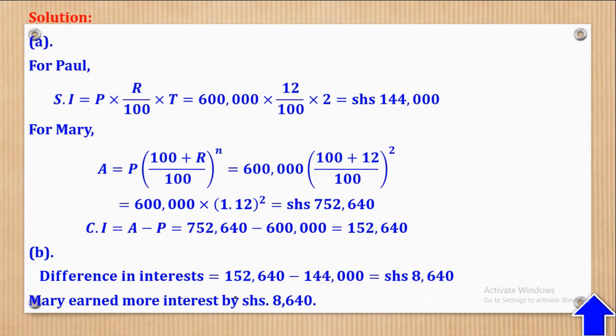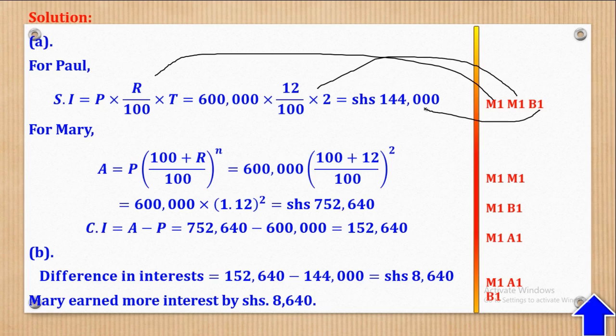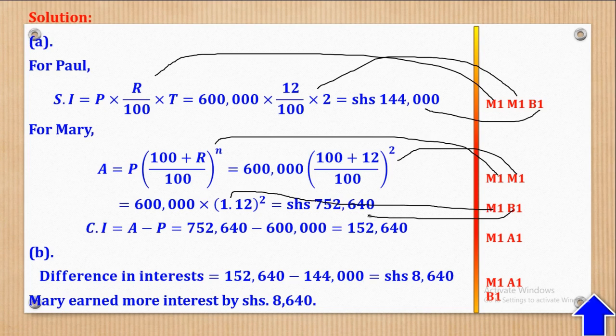Now let's see how marks can be awarded. So M1 is for you to quote the formula correctly, another M1 for substitution, and B1 for the output. Here M1 is for you to quote the formula correctly, M1 was for substitution, M1 was for simplifying, and B1 was for the output.